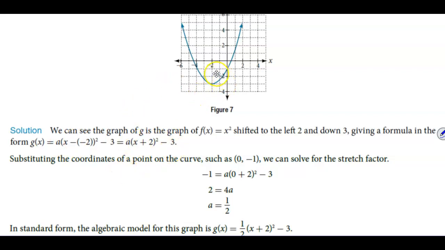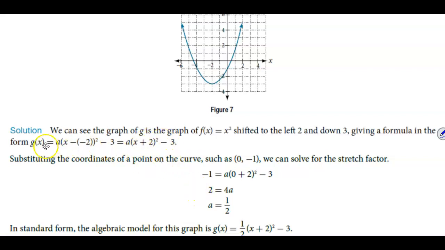And now we need to pick a point on the graph that would make sense for us to use. The easiest point on the curve is the y-intercept. If you look here at (0, −1), we can choose that point where x is 0 and y is −1. And then we can plug it into that form.